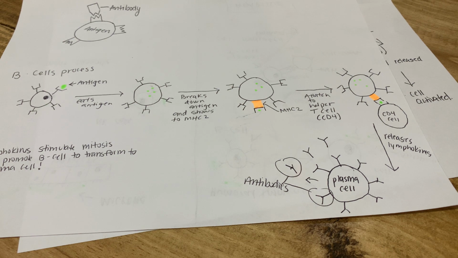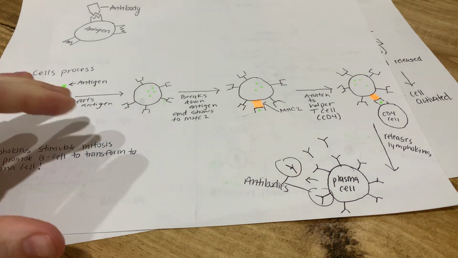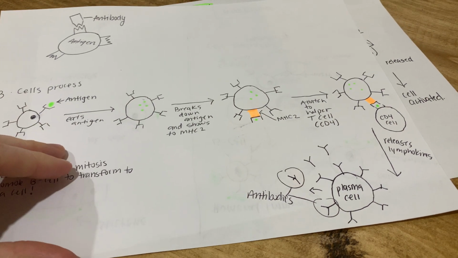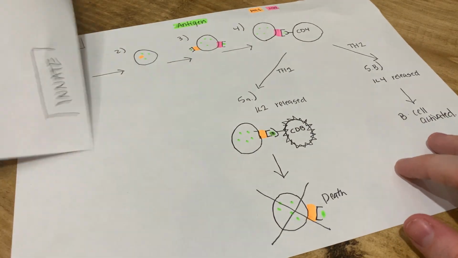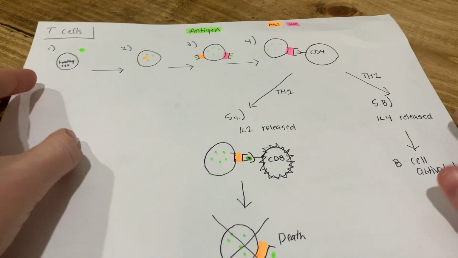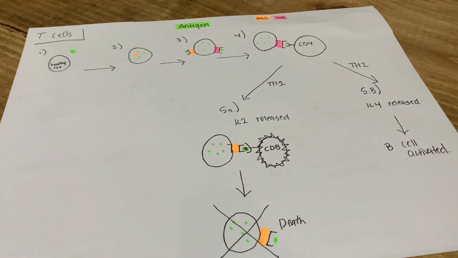Now, T cells can be differentiated into a few different types of T cells. I think he goes over CD4 cells and CD8 cells. So CD4 cells are helper cells, and those bind only to the MHC2 receptors on any kind of cell that is an antigen presenting cell.